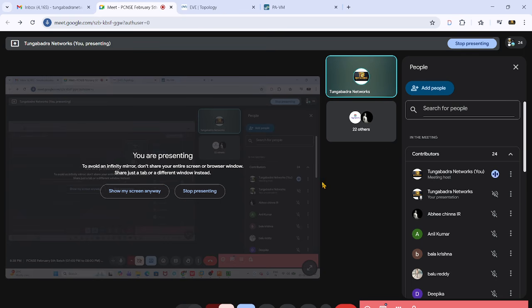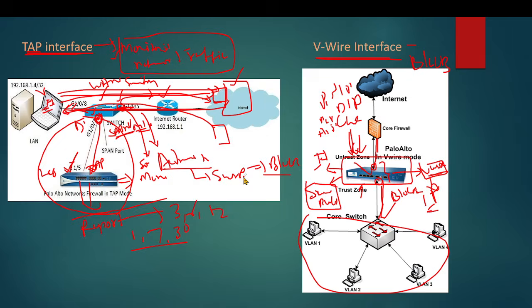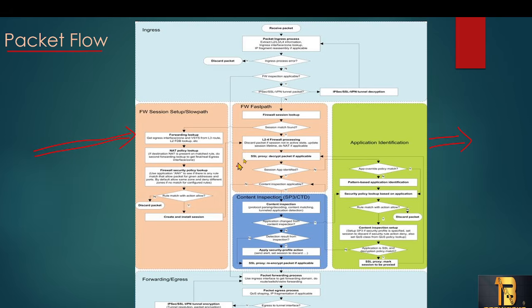Tomorrow's session is also very important, where we are going to discuss the packet flow inside the firewall. In routing and switching, you mostly see how packets flow on the links, but tomorrow we will see how packets flow inside the device, meaning inside the firewall: how the firewall takes the decision when traffic is entering and how the traffic leaves the firewall.